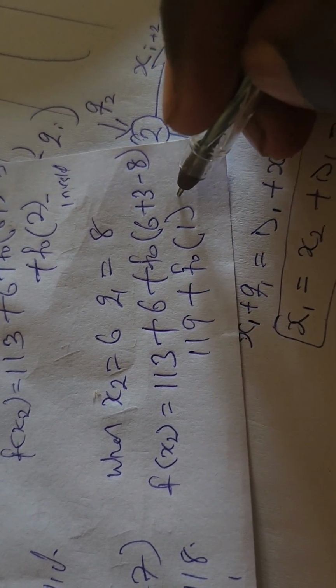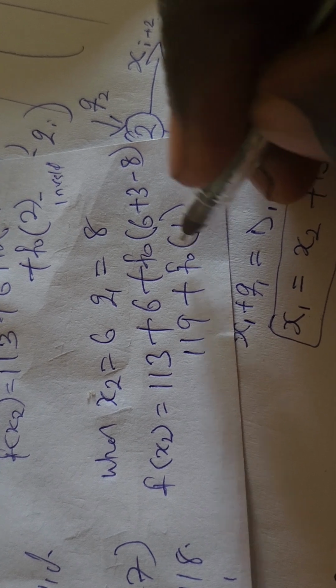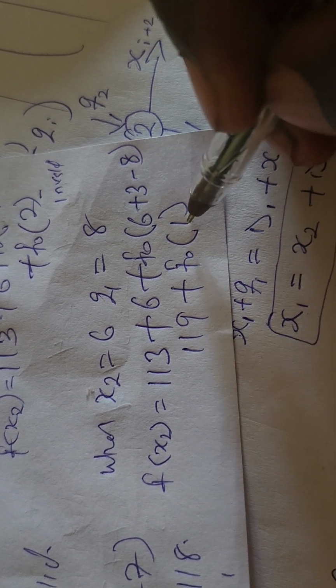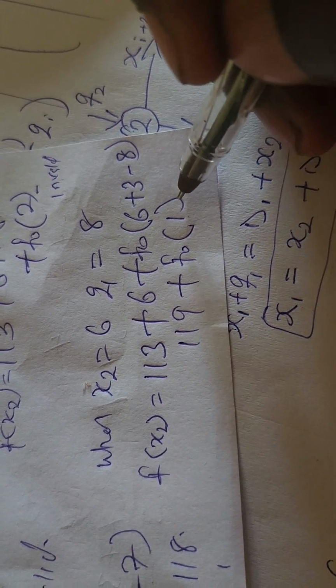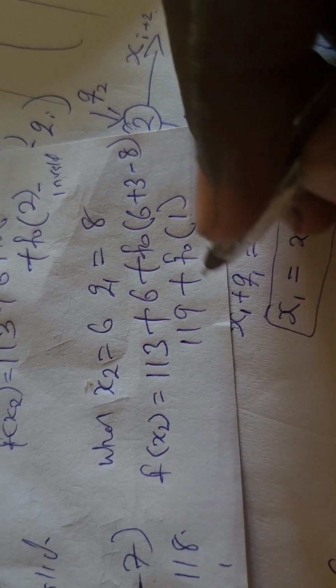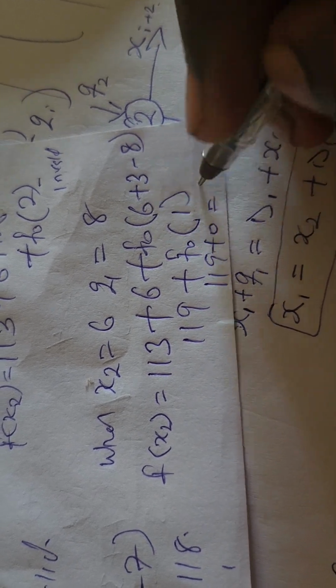Of course, it is valid. So when x1 is equal to 1, f of x1 is equal to 0. So 119 plus 0 is equal to 119.